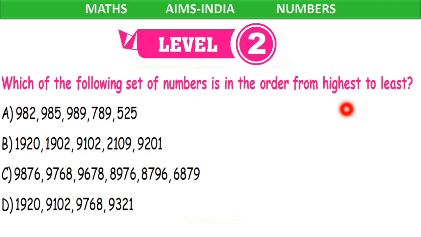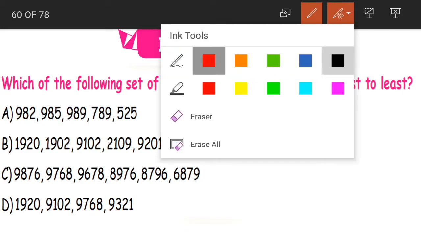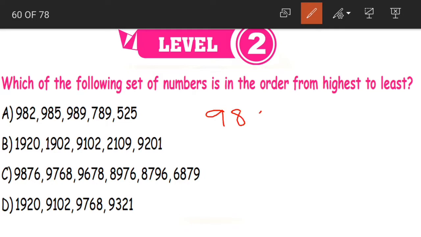Next question. Which of the following set of numbers is in the order from highest to least? What should be the order, children? From highest to least. That means the given numbers should be in descending order from big to small. Now let us check. Option A first. 982, 985.